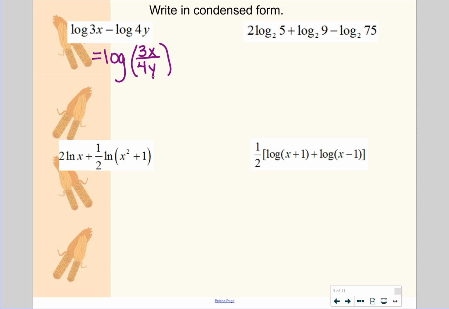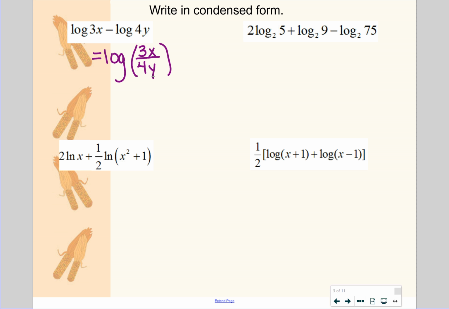Okay. The next one I have 2 times log base 2 of 5 plus log base 2 of 9 minus log base 2 of 75. All right, so I have a little bit of everything in this problem. I have a number down in front, I have addition, I have subtraction. So this is kind of like what you do with order of operations.